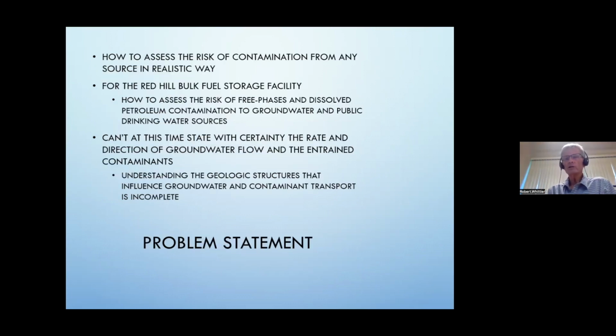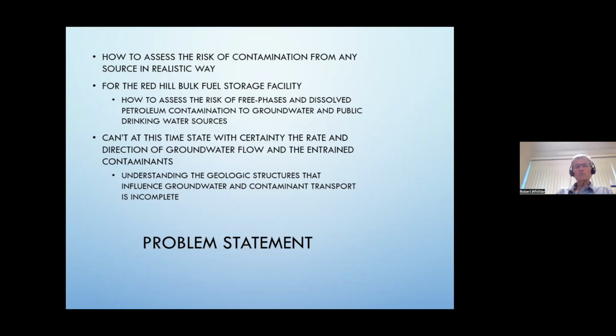So here's the overarching question: how do we assess the risk of contamination from any source in a realistic way? Specific to Red Hill, how do we assess the risk from free phase and dissolved phase petroleum contamination to groundwater and to public drinking water sources within the area?